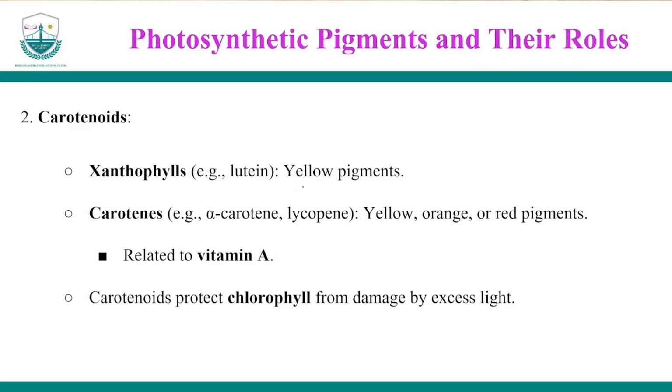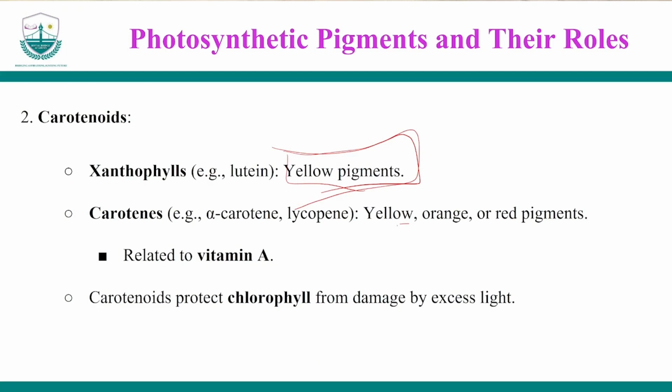The xanthophylls are the yellow pigments. So you have seen some plants that appear yellow. It's because of that pigment called the xanthophylls. And then the carotenes. These also appear yellow, can be orange, or even red.